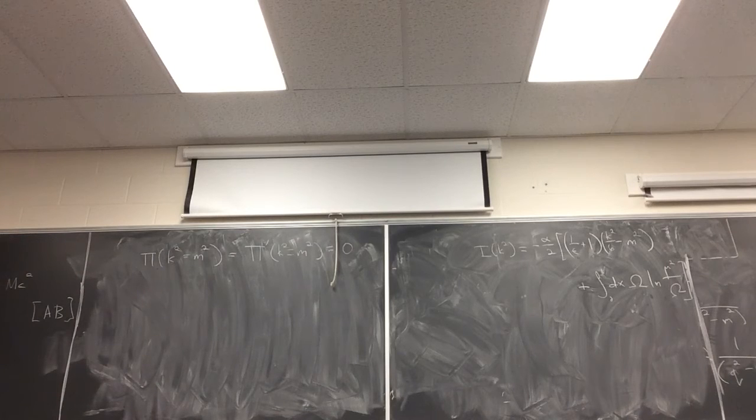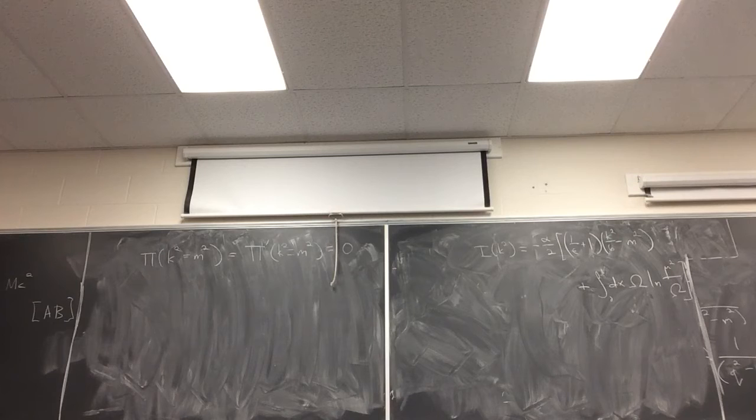This is where you have a choice of what we use A and B to cancel. We could use A and B to just cancel the poles, that's what we put them there for. But we could also use them to cancel off anything unphysical that we might have introduced along the way. So that's what we're going to do.